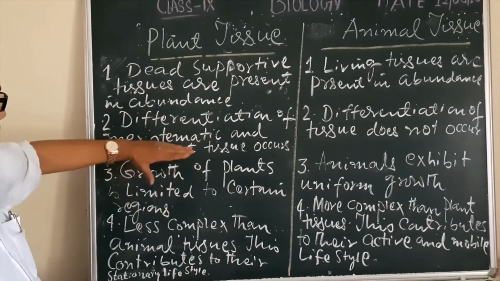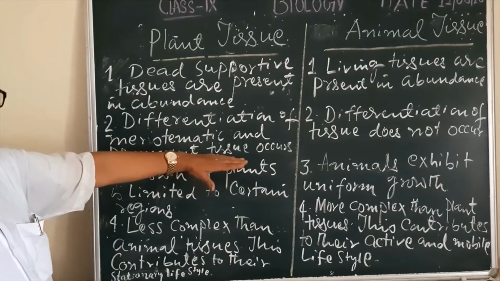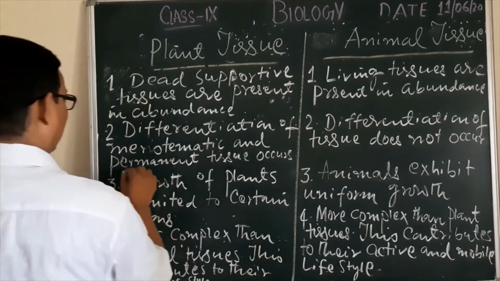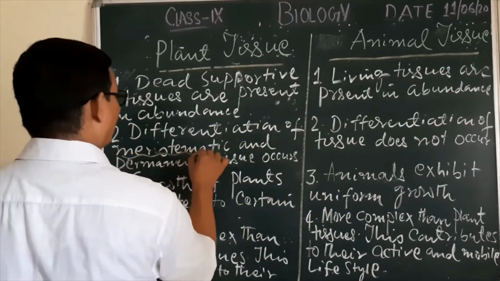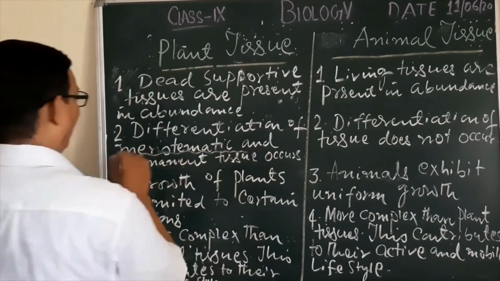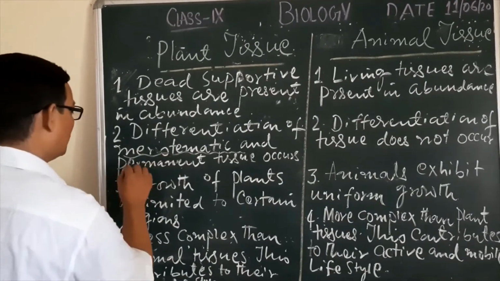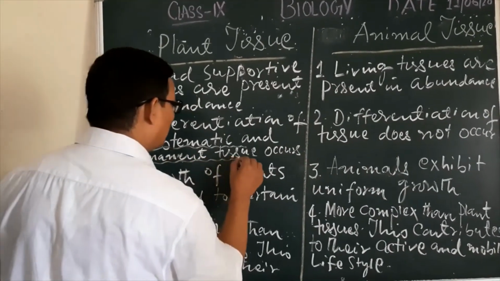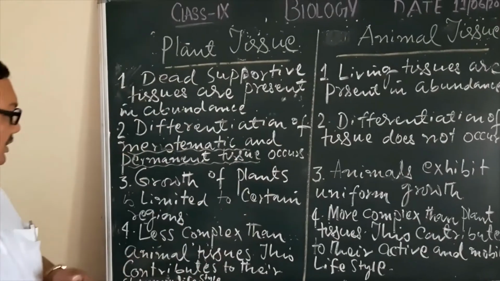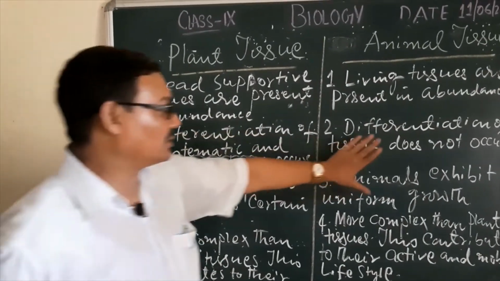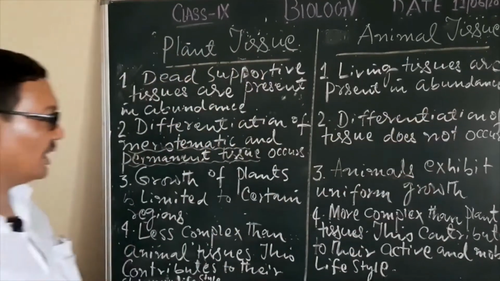Number 2, differentiation of meristematic and permanent tissue occurs. That means the tissue whose cells always divide and the tissue whose cells no more divide. This is the demarcation line in plant tissue; in animals there is no such differentiation or demarcation.